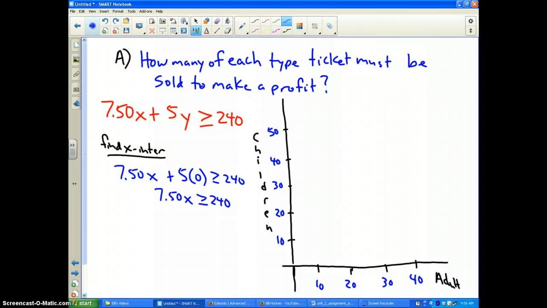And now if I divide by 7.5, you're going to find out that our x value is 32. So that means my x-intercept is the point (32, 0).